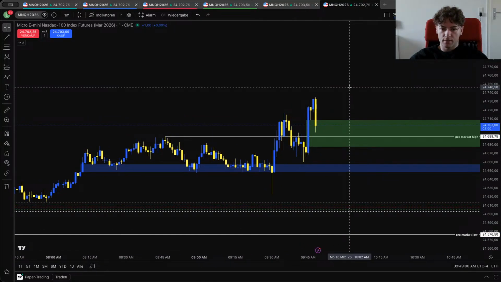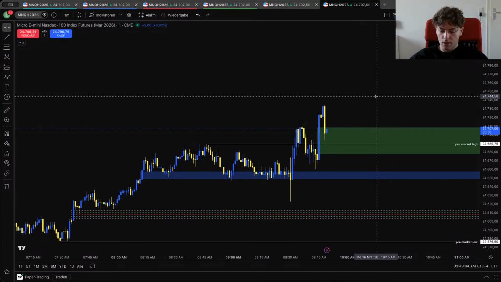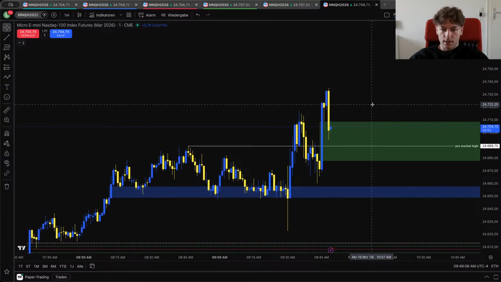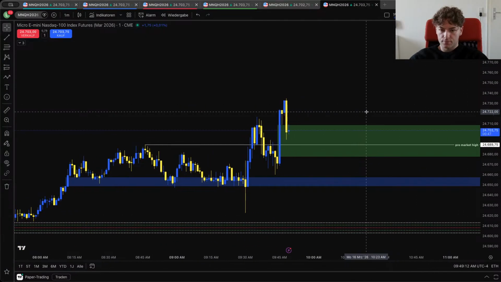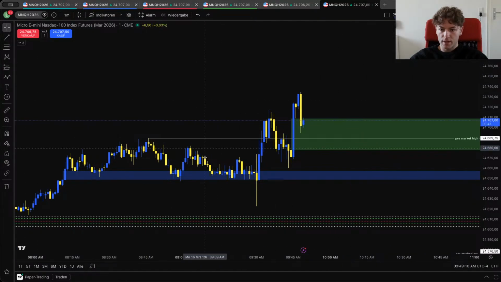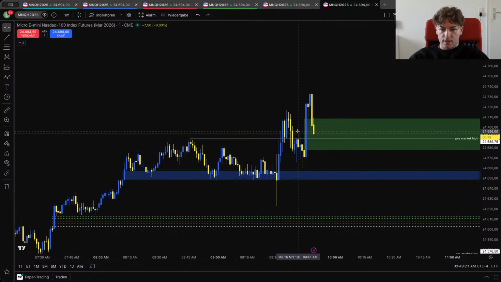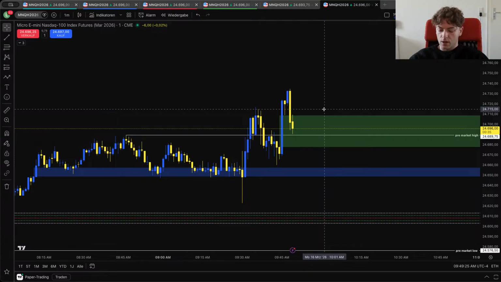But I have a game plan, and I think I know how to navigate in this market structure. So that's the reason why when the market is in these types of scenarios, I want to wait for confirmation.